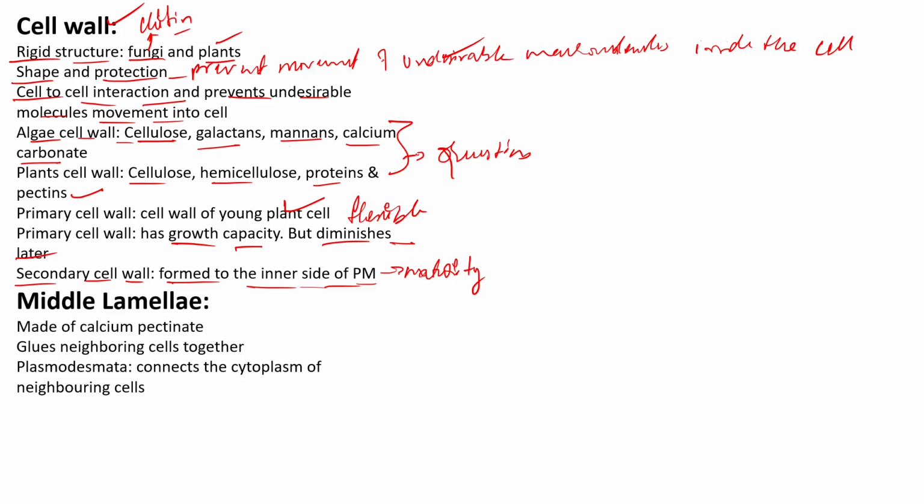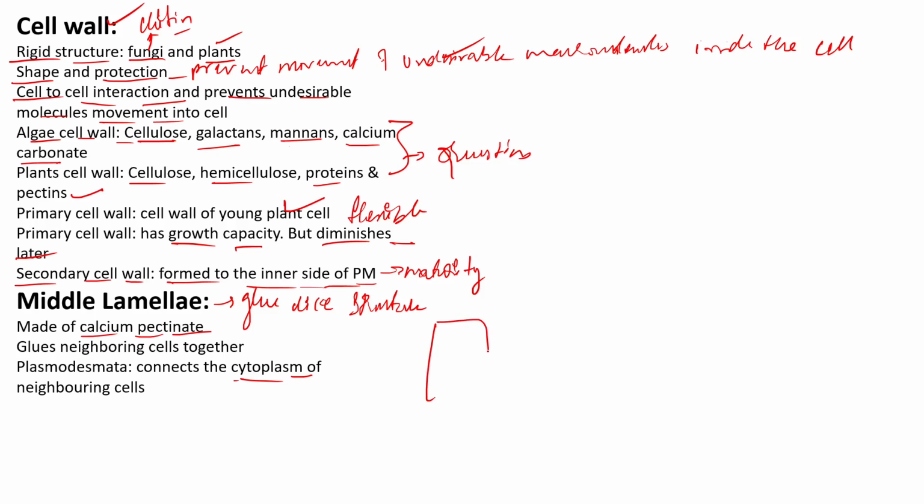So we have the last concept over here, that is the middle lamella. Now the middle lamella is mainly a glue-like structure, and this structure is mainly made up of calcium pectinate. In some plants, the neighboring cell cytoplasm may be connected directly.